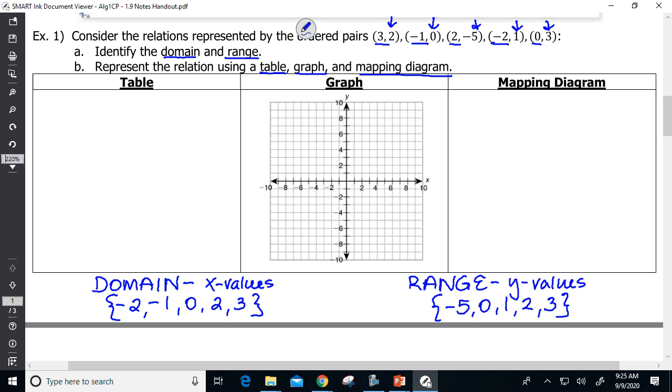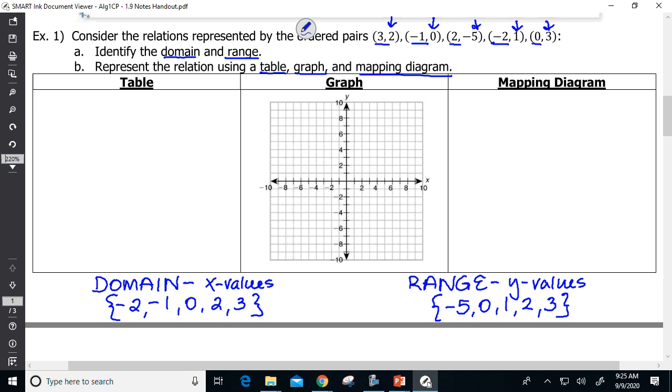That's your domain, that's your range. Any questions so far? Alright, doesn't look like we have any, so let's keep going.